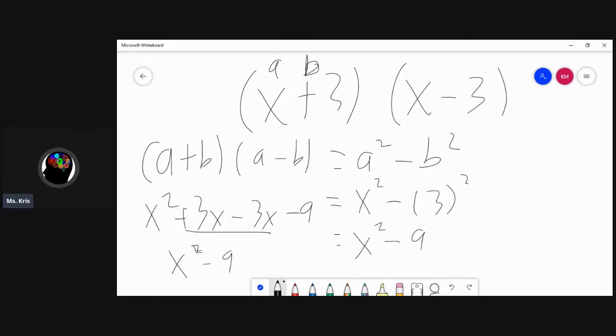You take two binomials with opposite signs with the same numbers and letters, multiply them together, you will end up with a binomial of the x being squared and the number being squared with a minus sign in the middle.